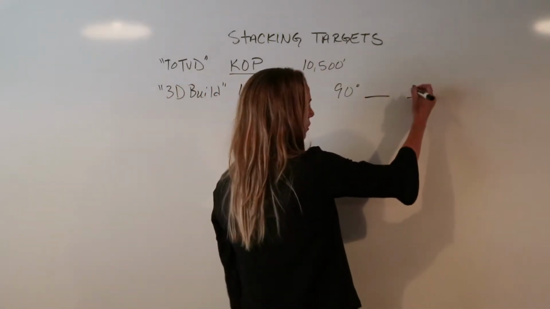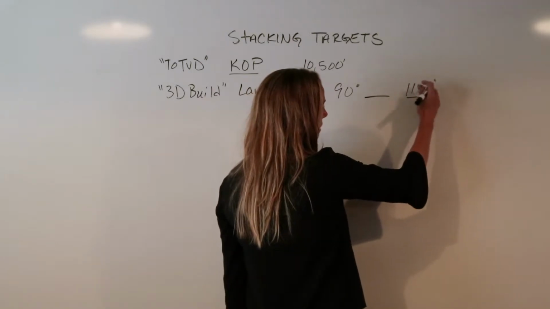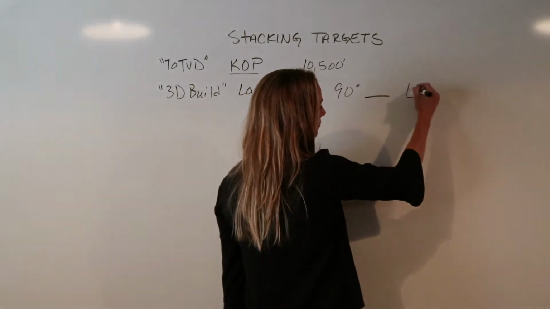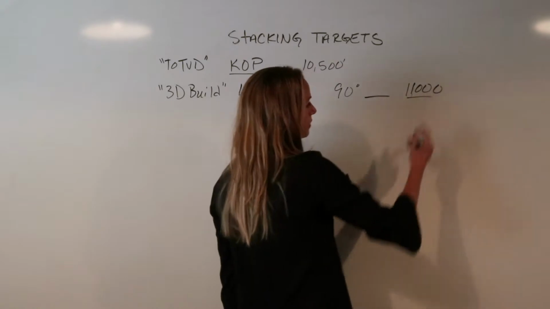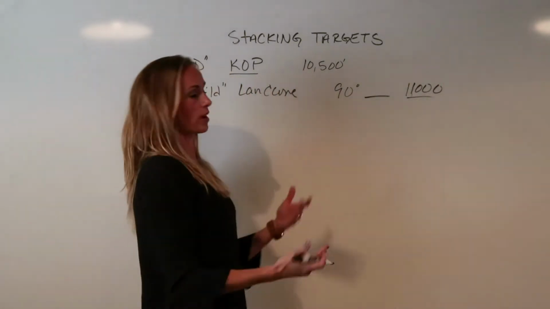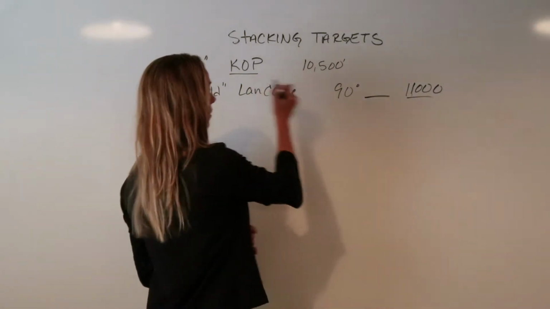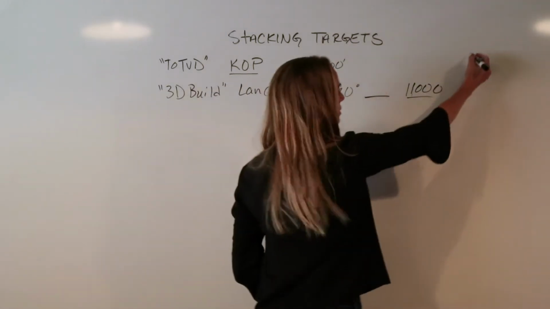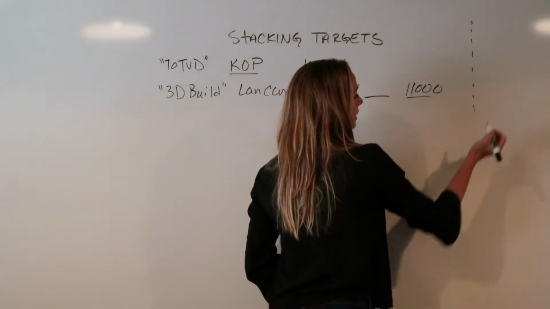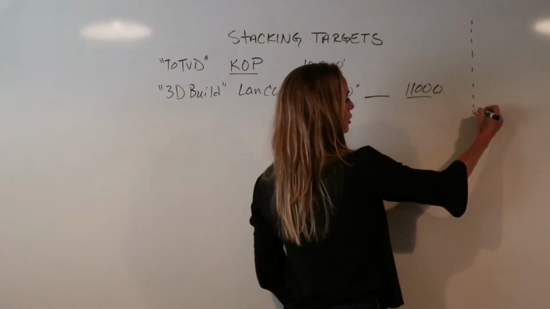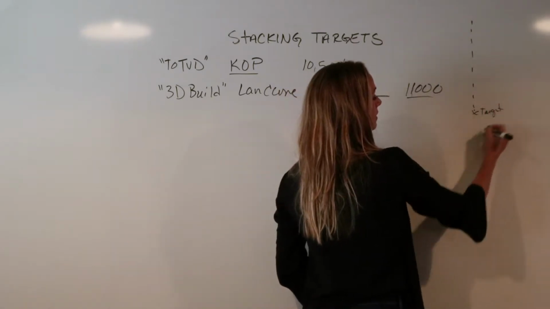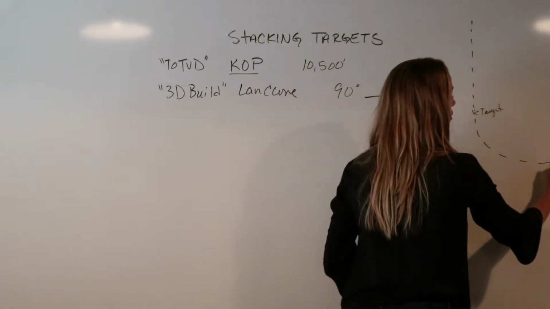Maybe it's a 1,000-foot curve, but you were only dropping 500 feet, so whatever that may be. So what this looks like is a simulated well plan of a kickoff. There's your target 1, and here's your target 2.